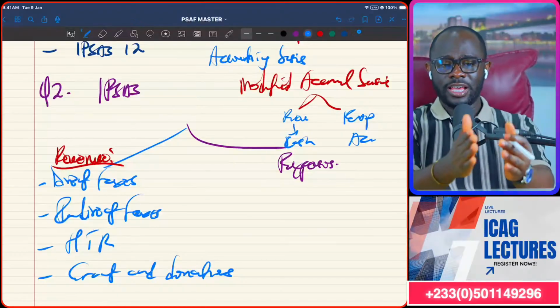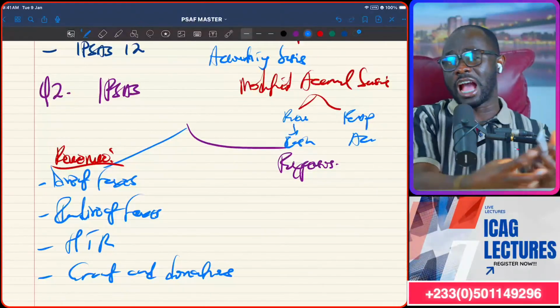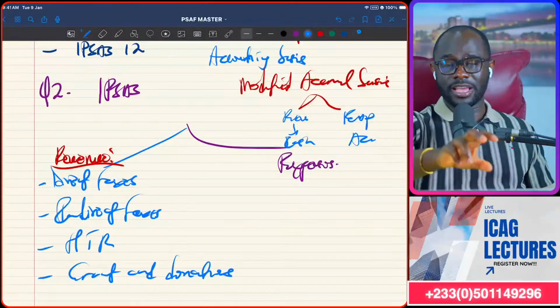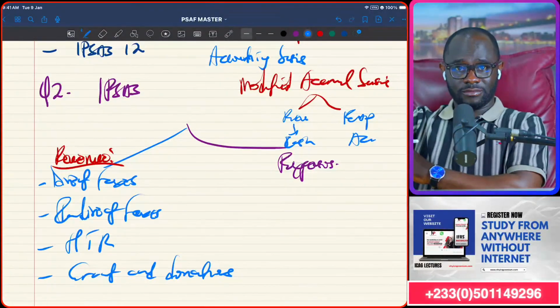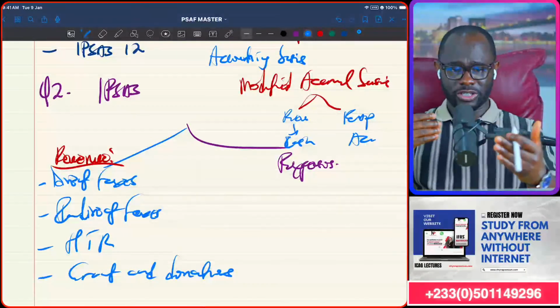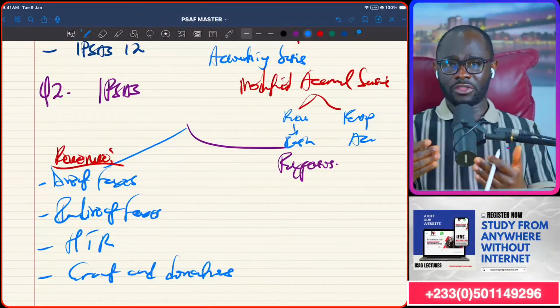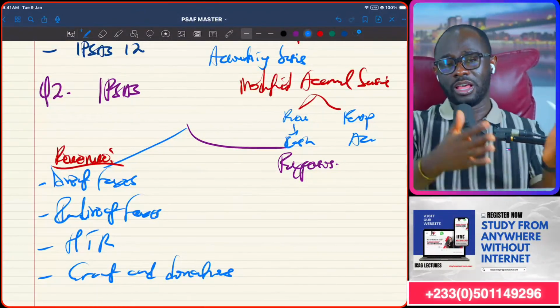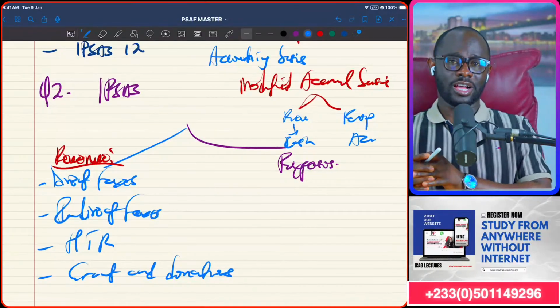In other words, he was recognizing revenue on cash basis and expenditures on accrual basis. And that was a key back and forth between the Auditor General and the Controller Accountant General.